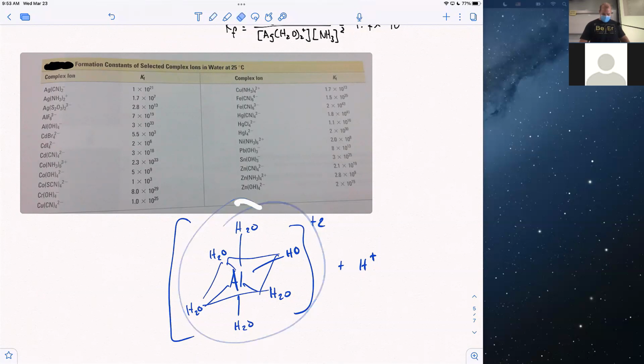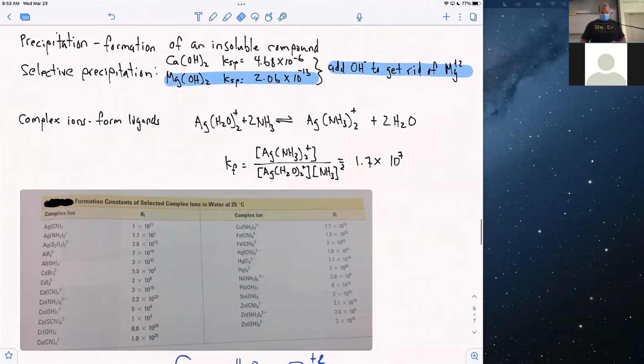Really, what happens when you have random ions dissolving into the solution is that many of them react with water to form complexes. And if you have other things in the solution, they will react with those too. For instance, silver already reacts with water.